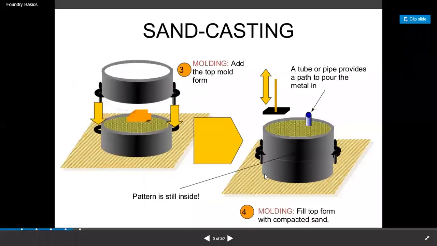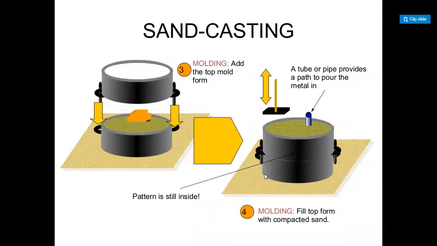After that, you can see the third step, add the top mold form. After fixing the pattern, the top box is placed on the bottom box. The fourth step is to fill the top form with compacted sand.